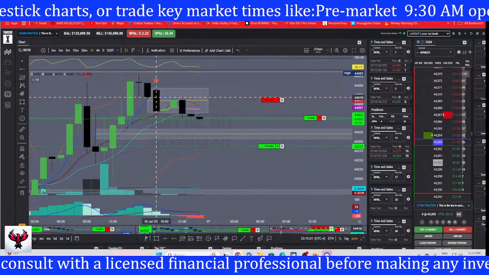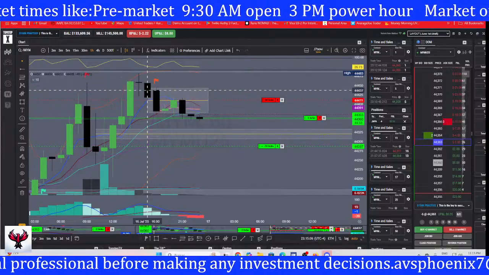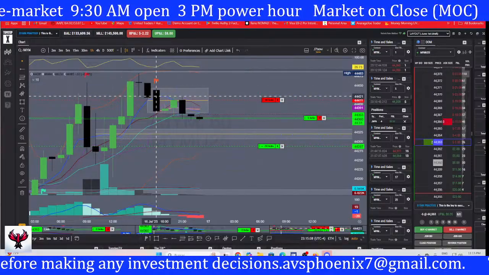This is where it closed. This is where it opened.